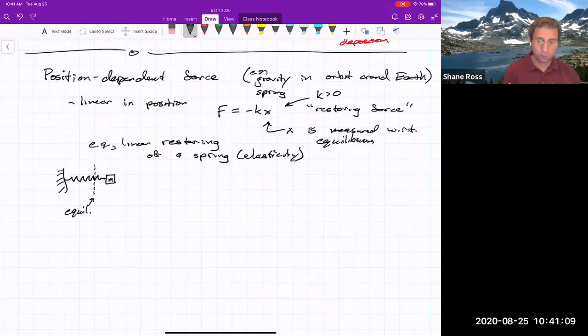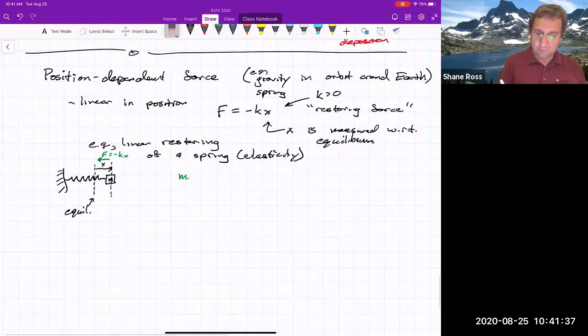There's our mass, or particle, P, and we're using x to describe the displacement of the mass from equilibrium. As a linear restoring force, it's pointing in the opposite direction of x. So if x is pointing to the right, F is pointing to the left to restore equilibrium.